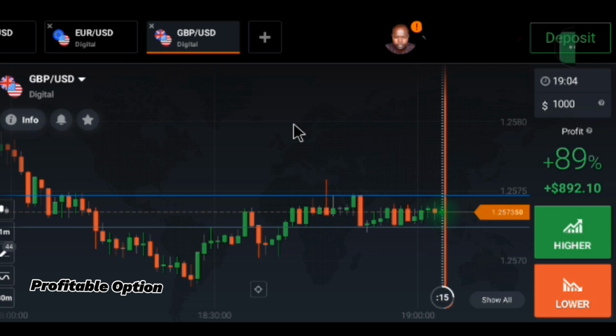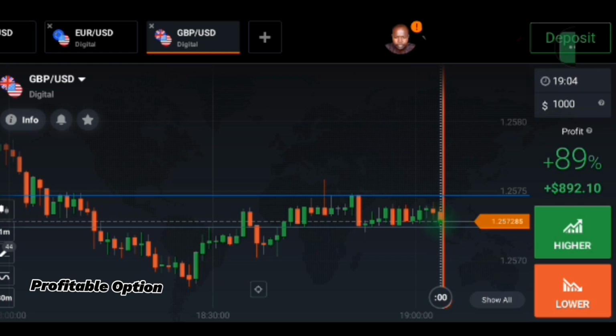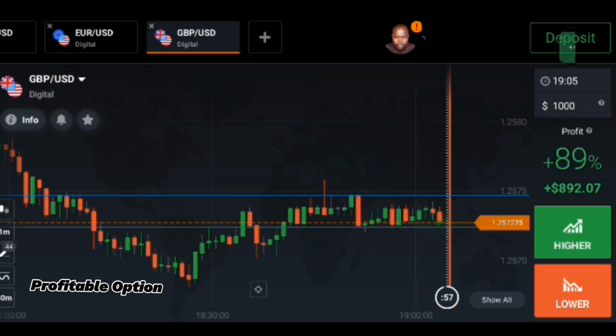All right, thank you very much for staying tuned till this time. You can see how I made my chart look so simple. The indicators are not much. In fact, there is no indicator except the horizontal line, and I use the price action along resistance and support zones to place my trades. You can do the same as well.